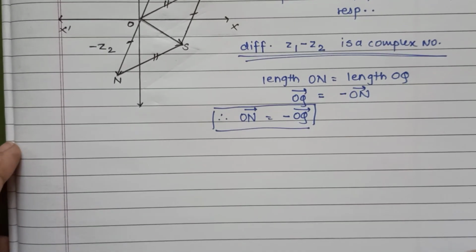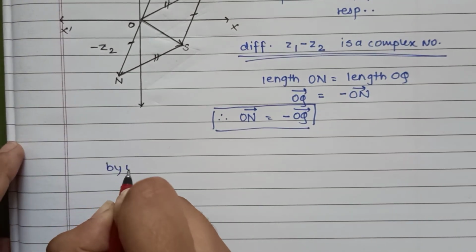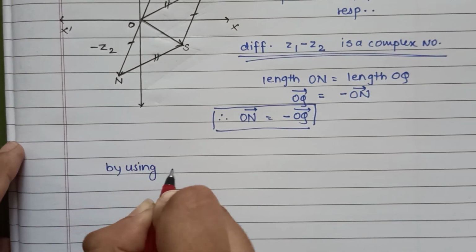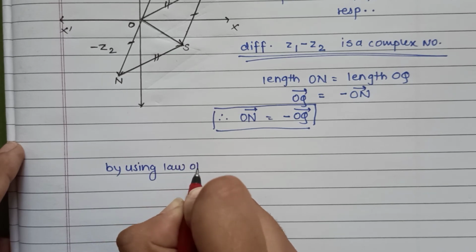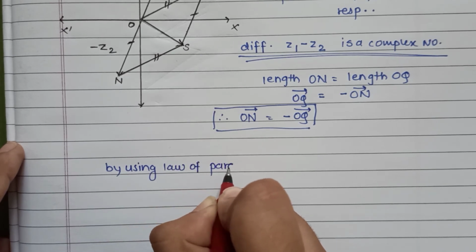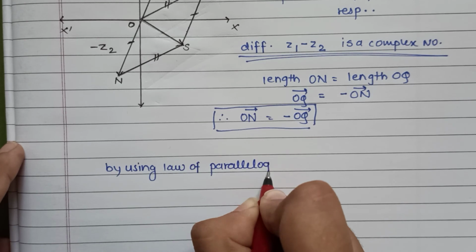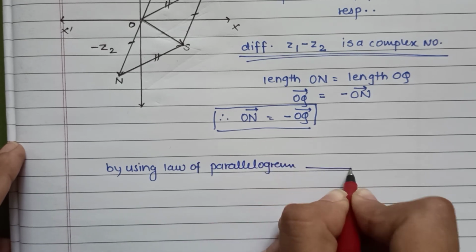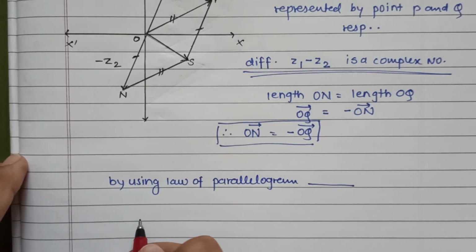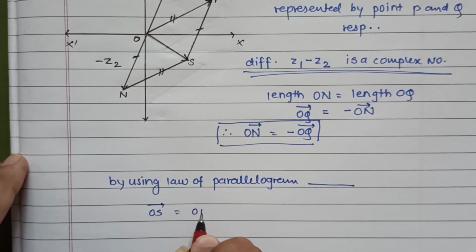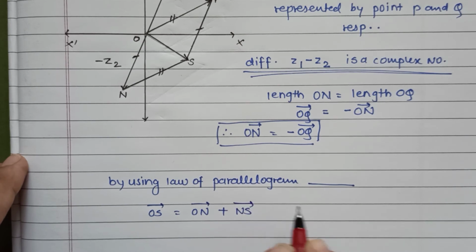By using law of parallelogram, vector OS is equal to vector ON plus vector NS.